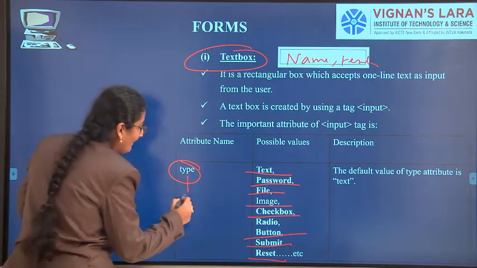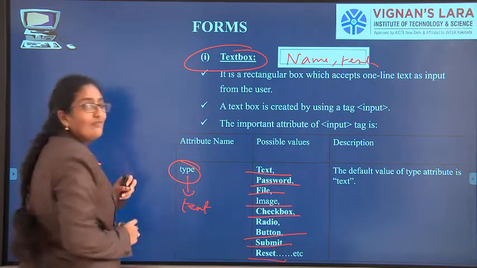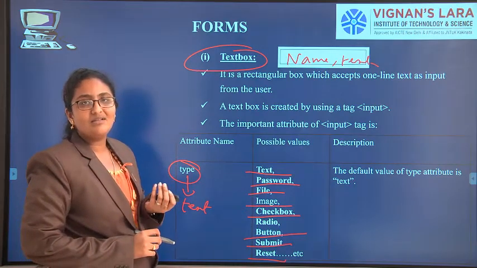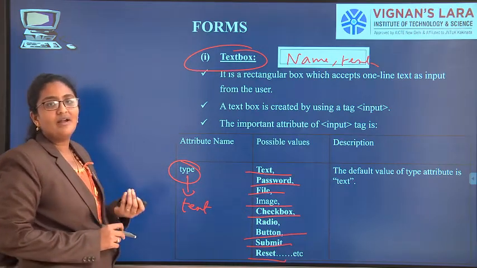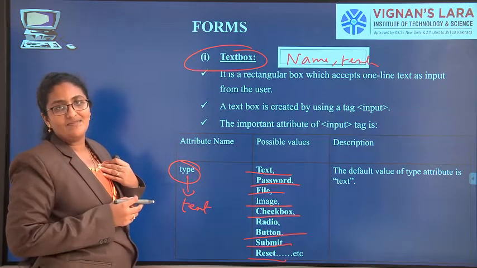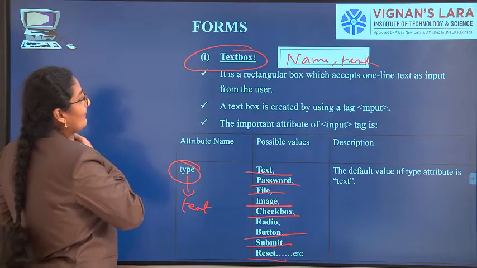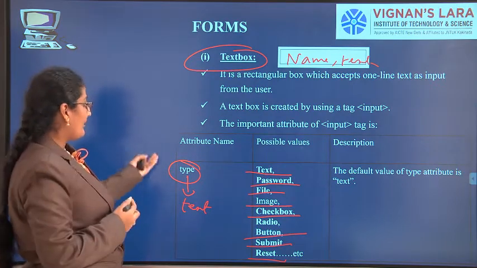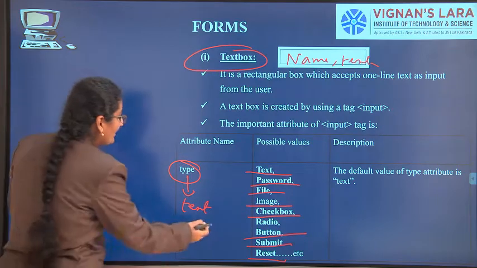The default type is text. In web technologies, for everything we have a default, right? In previous classes, we saw default value is 1, default value is 0, and so on. So having a default value is a common thing in web technologies. So the default value for this is text.